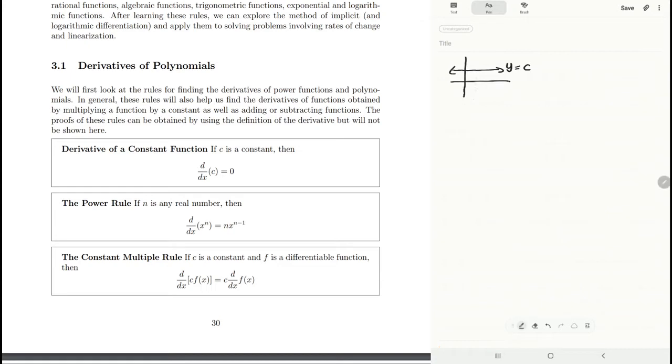So that tells us that the slopes of the tangent lines along every point along the curve will always be 0. And so the derivative of the constant function is 0.